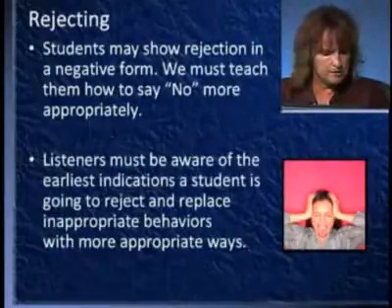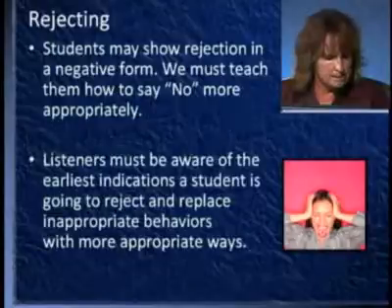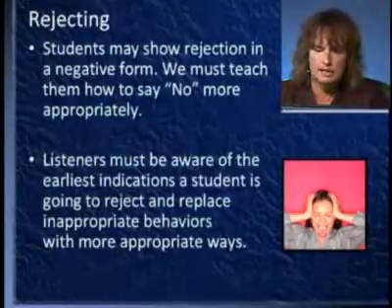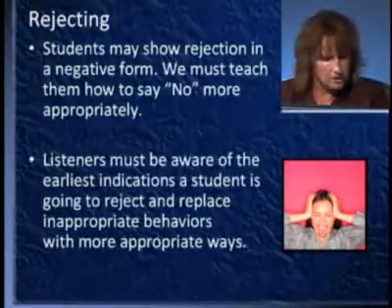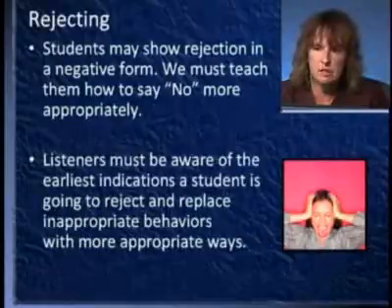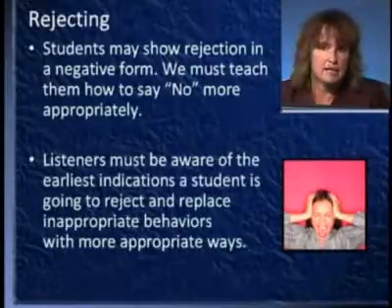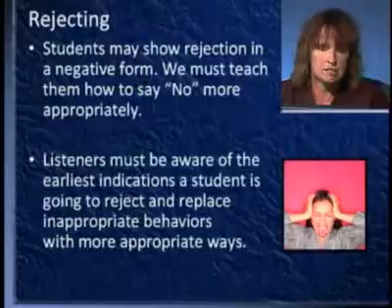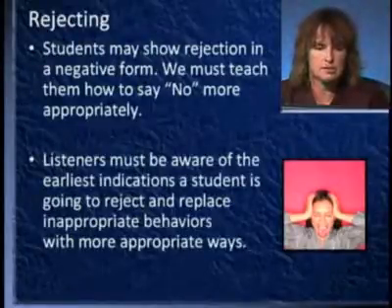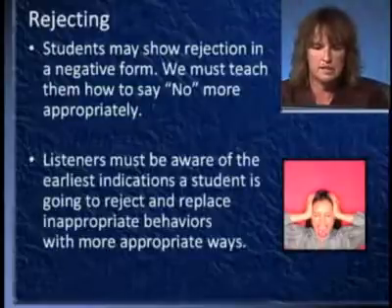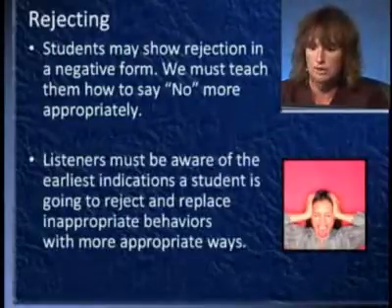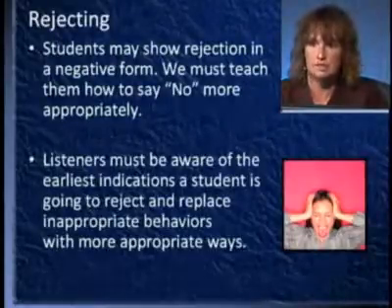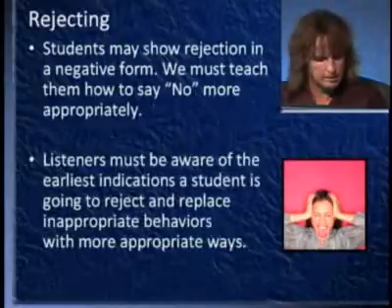Interrupt the behavior before it happens. Respect the student's communication attempts. You may have to break the task down into smaller steps. You may have to blend in some motivators, but respect the student's communication when they are saying they don't want to do something, and teach them how to express that appropriately.